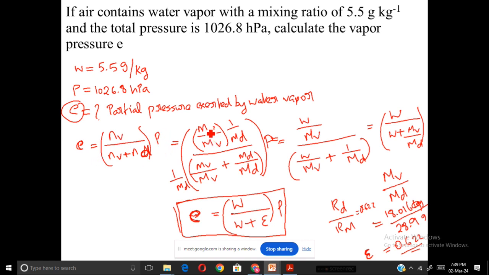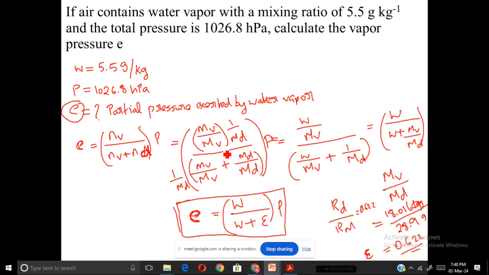So number of moles we represented in terms of mass. If mv is the mass of vapor present, then the number of moles is the mass of vapor present by the molar weight of water vapor, mv by Mv, and the same thing for dry air.